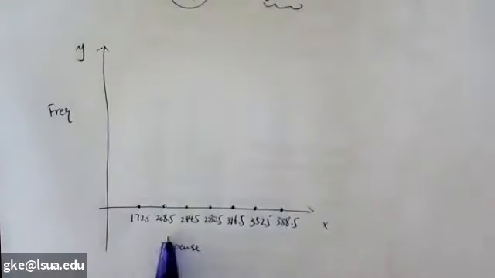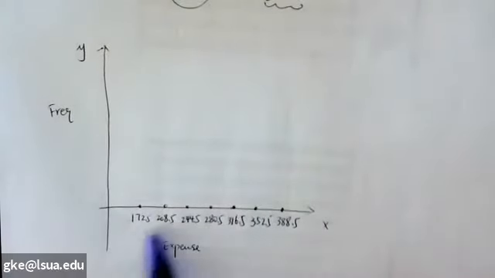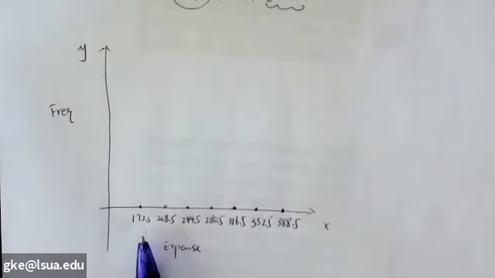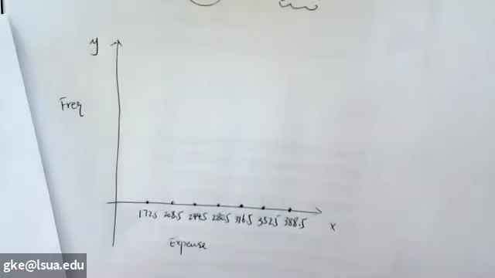So for the X scale, we use the middle points. And the example actually is about the expense.